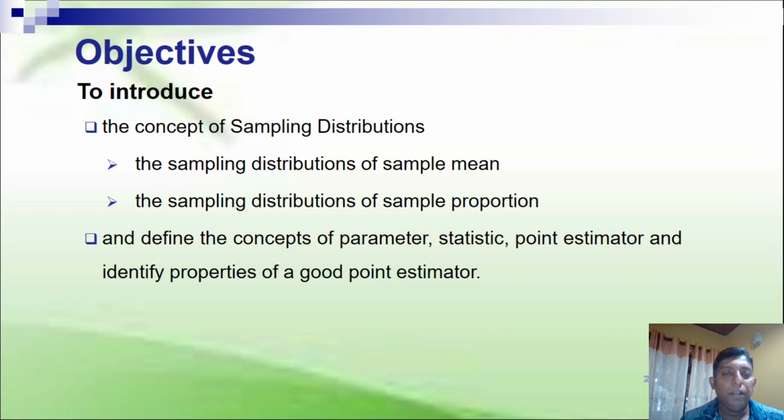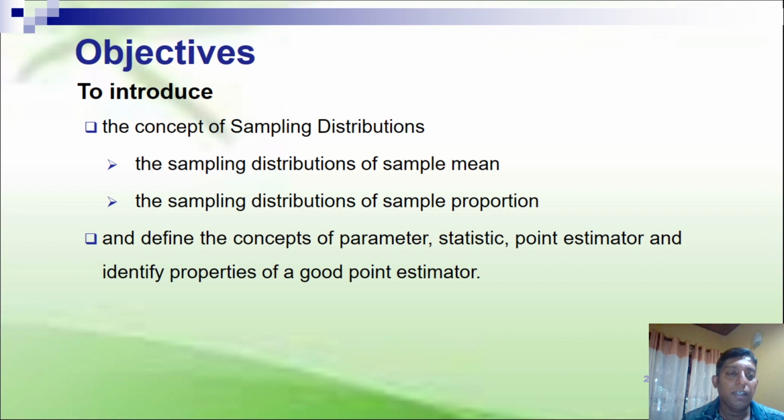Under the sampling distributions we discuss two things: the sampling distribution of the sample mean and the sampling distribution of the sample proportion. And at the end of this lesson we are going to define the concepts of parameter, statistic and point estimator, and discuss the properties of a good point estimator.